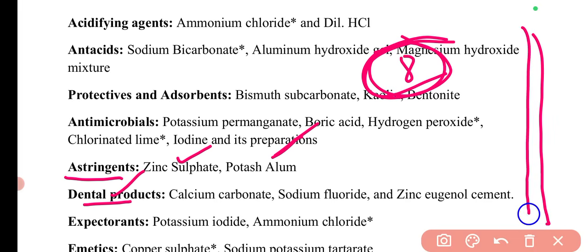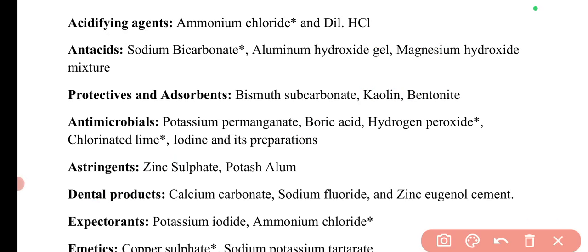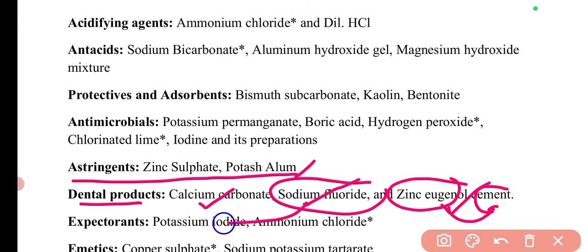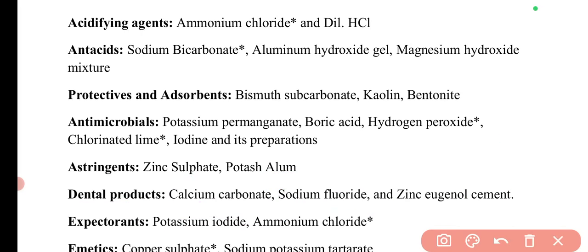So here there are different subtopics, so you can expect only 1 or 2, maximum of 2 questions from this particular topic. Examples of dental products are calcium carbonate, sodium fluoride, zinc eugenol cement. So here you can find that zinc products are used as dental cement, sodium fluoride is used as a dental product, and calcium carbonate. So like this way you need to remember.